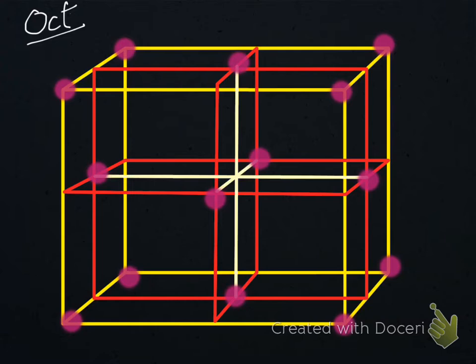Now one more position you can locate. Where is it? You have to consider this edge center. At this edge center you have 6 particles around it. Where are the 6 particles?